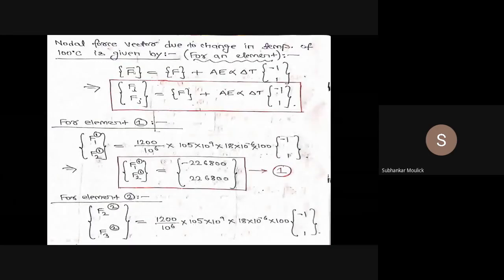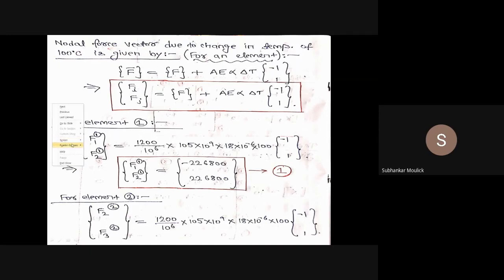We know that f bar is equal to f plus A E alpha delta T times the matrix minus 1, 1. What is this f bar? F bar is nothing but the 2 cross 1 matrix Fi, Fj. Fi represents the acting force for any element at the ith node.